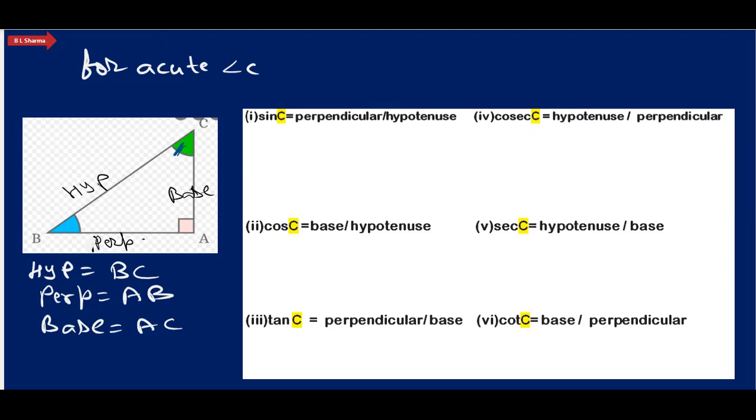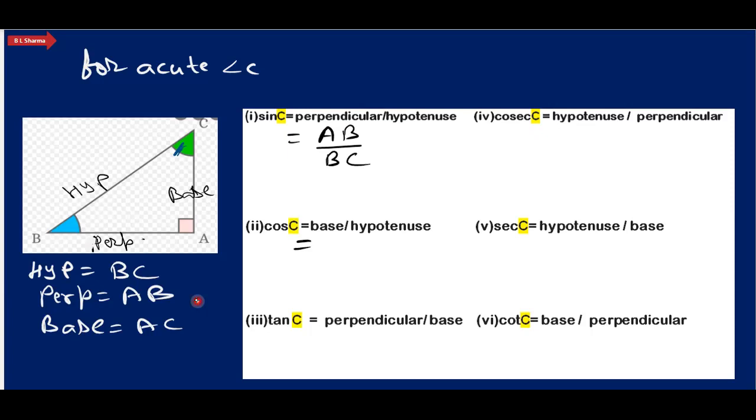Now we start writing, what is sine C? We consider the acute angle C. Sine means perpendicular upon hypotenuse. The perpendicular is AB and the hypotenuse is BC.